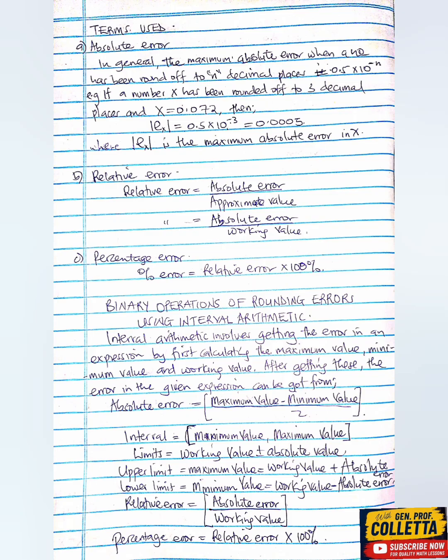Then let's begin with the binary operations of rounding errors using interval arithmetics. We are going to look at interval arithmetics, then we shall look at the second part of errors. Interval arithmetics involves getting the error in an expression by first calculating the maximum value, minimum value, and the working value. After getting these, the error in the given expression will be got from the formula. To get the absolute error, you get the maximum value, subtract the minimum, then divide by 2.